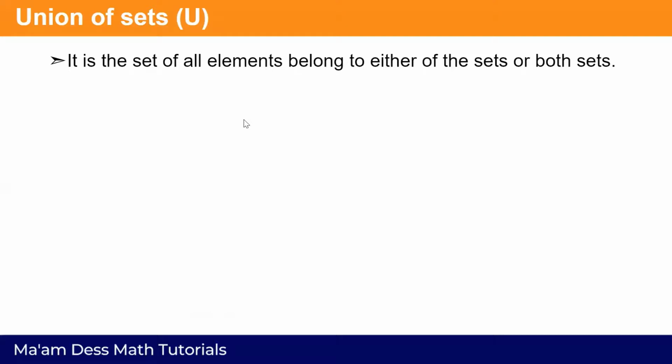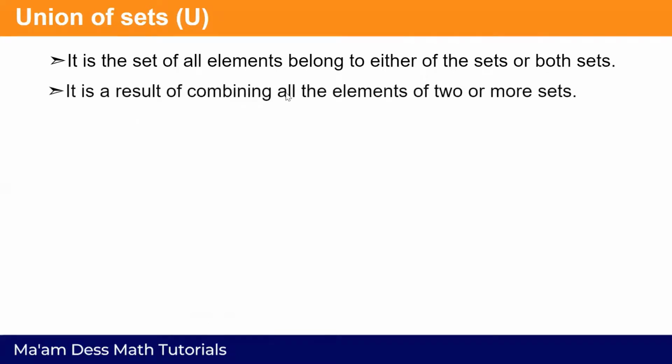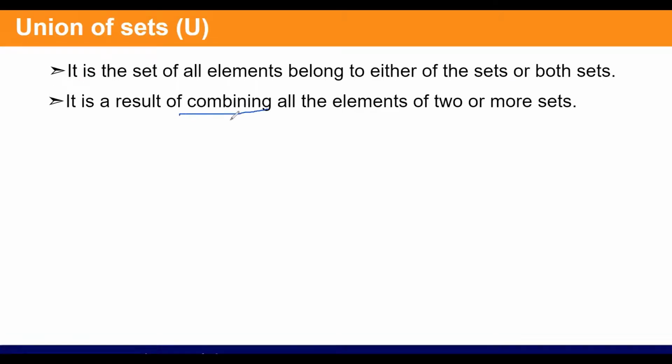Again, all the elements, let's say of set A and set B. It is the result of combining all the elements of 2 or more sets. Combining, the word combining. So the combined elements of two sets is called the union.